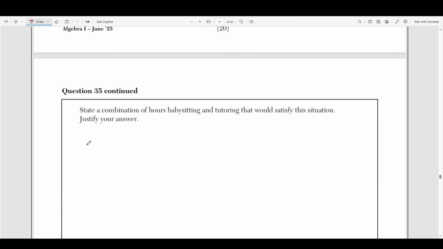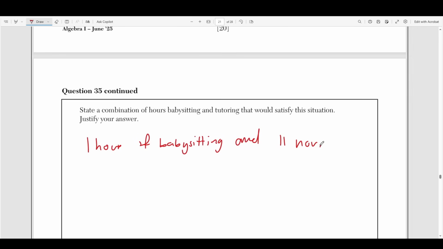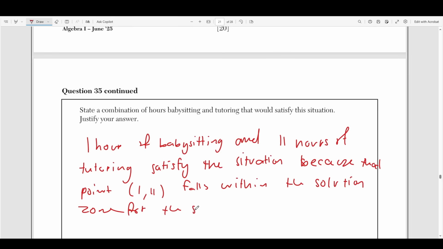So you can say, 1 hour of babysitting and 11 hours of tutoring satisfy the situation because that point 1, 11 falls within the solution zone for the system of inequalities.